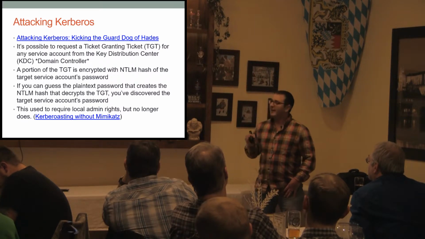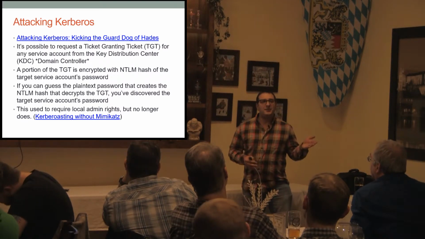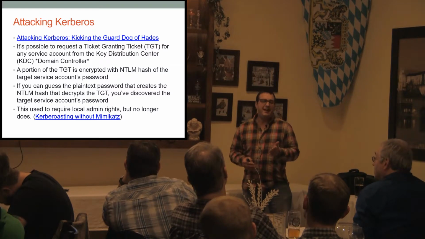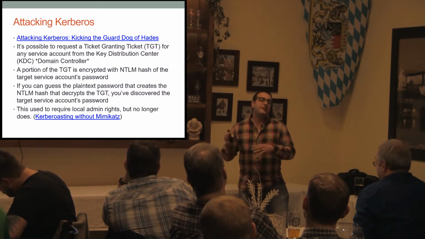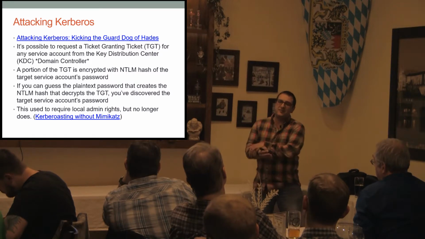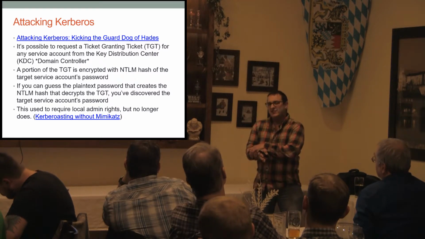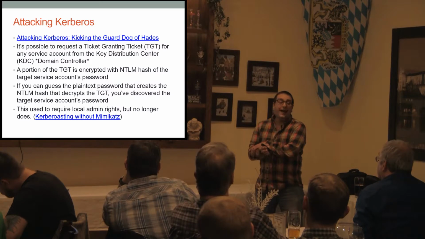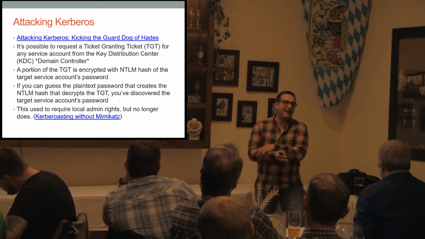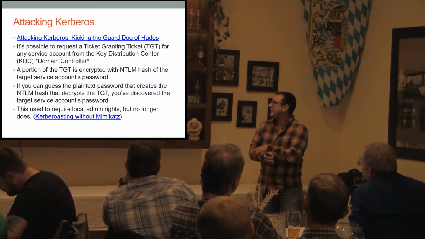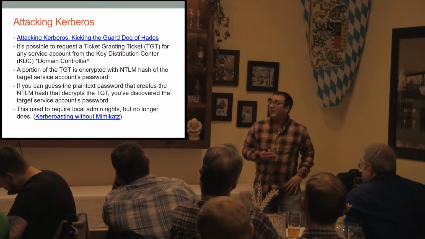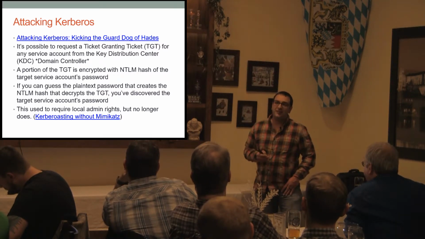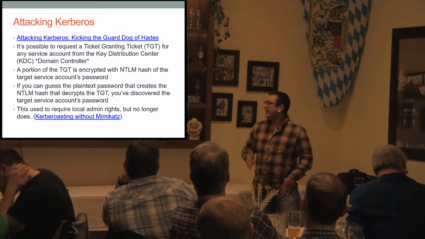That means if we can guess the plain text password that generates the NTLM hash, we guess the password, we hash it, and if we are able to decrypt that portion of the ticket granting ticket with that hash, you've just discovered the target account's password. You can use that to query all of those service principal name accounts in Active Directory and then perform this attack against them.